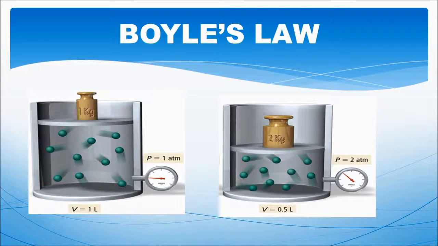If we decrease that volume from 1 to 0.5 liters, then the pressure will increase to 2 atmospheres. Therefore, in the same system, although we have half the volume, pressure times volume is the same number.